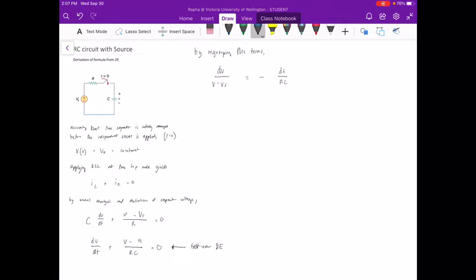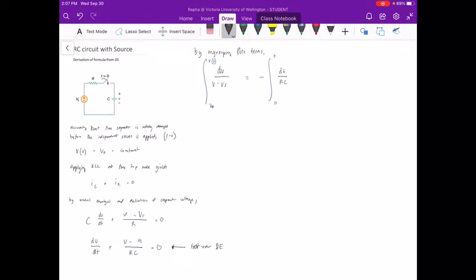So we will now integrate it, but this time we will have limits. For the left side, we integrate from V0 to V of t. For the integration in terms of time, we go from 0 to an arbitrary value of t.